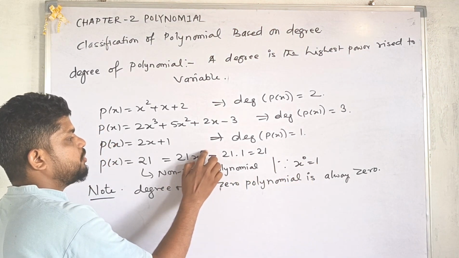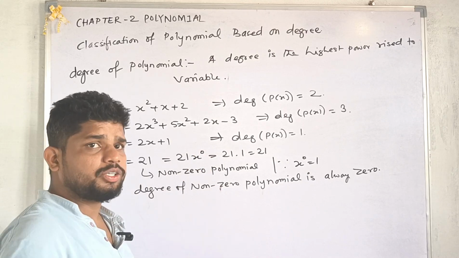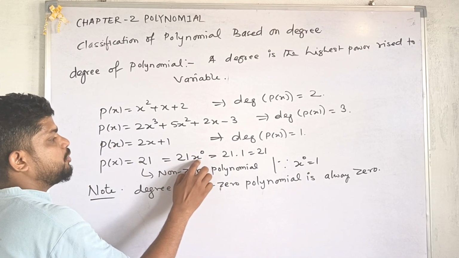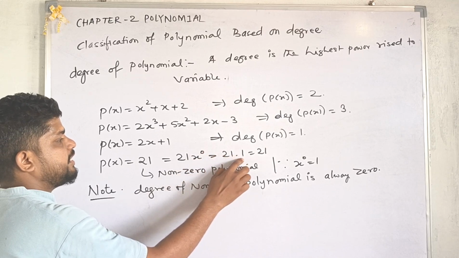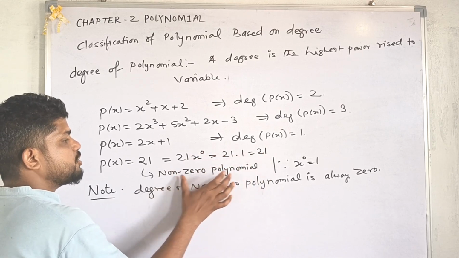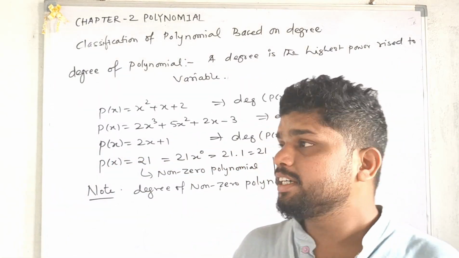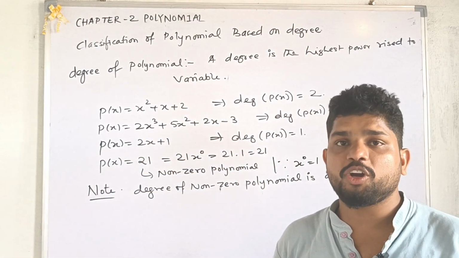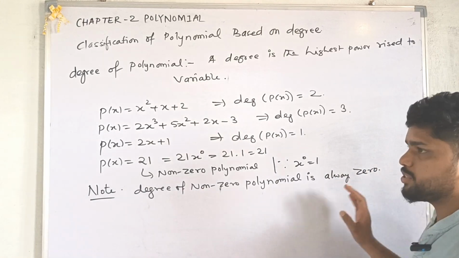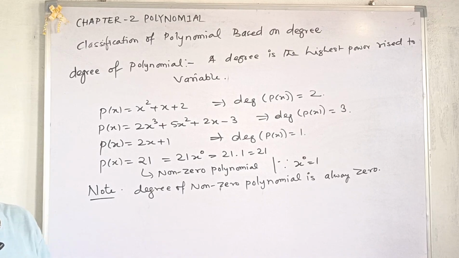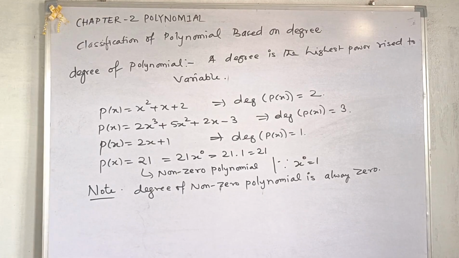So x to the power 0 is always 1, and 21 into x to the power 0 is nothing but 21 only. So 21 is a non-zero polynomial. And dear students, always remember that the zero of a non-zero polynomial is always zero.